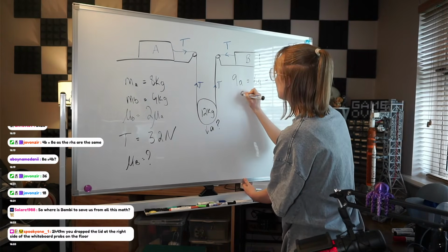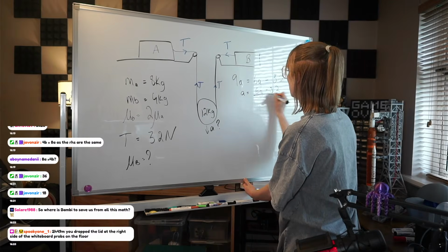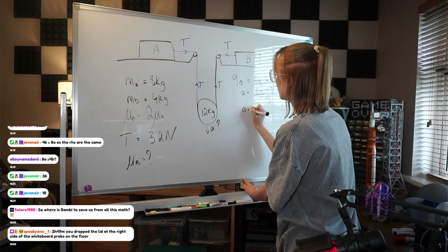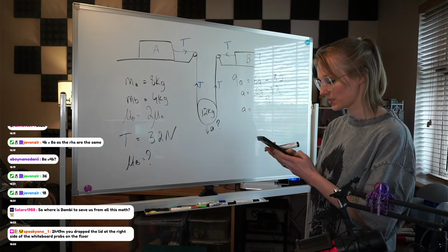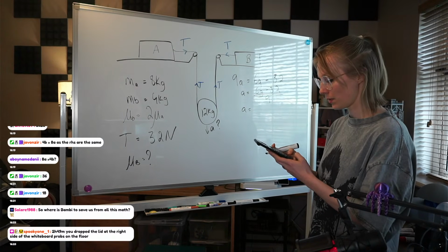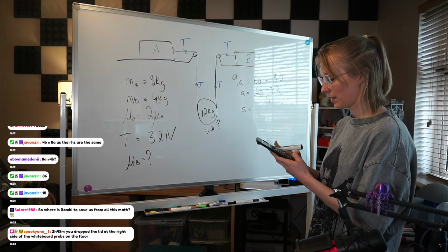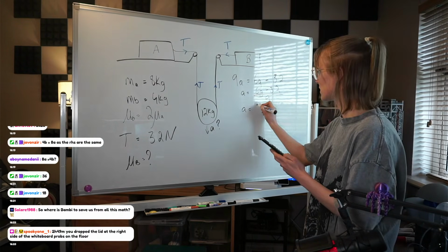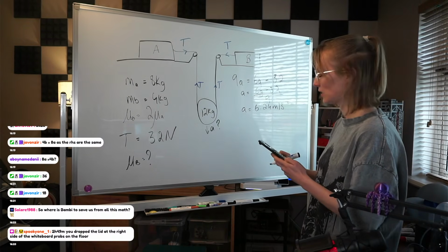Let's rearrange the equation to get A on its own. So in your calculators, grab them now. What we're going to do is 6 multiplied by 9.8 minus 32, all divided by 9. We get an answer of 6.24 meters per second squared for the acceleration.